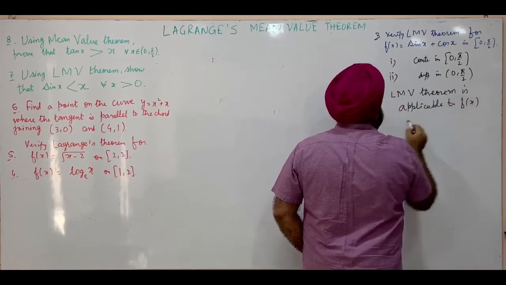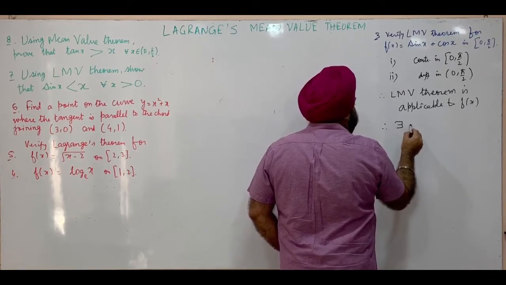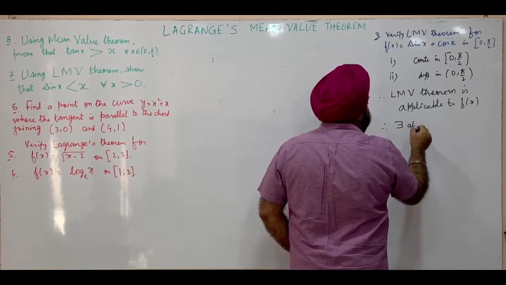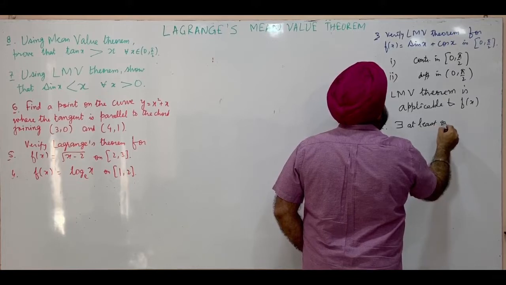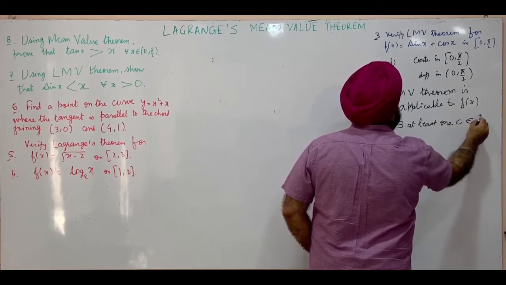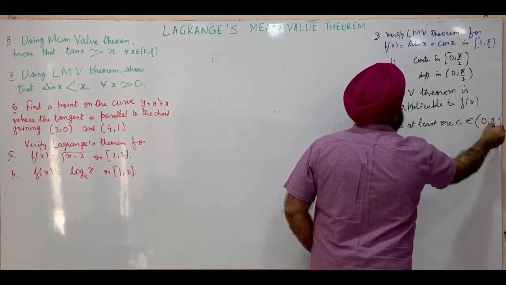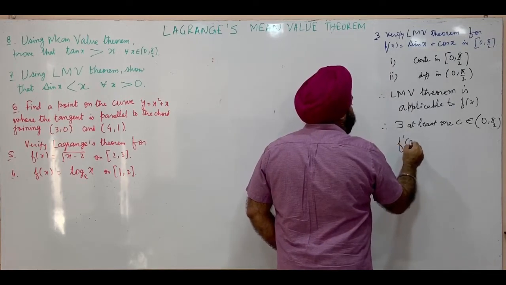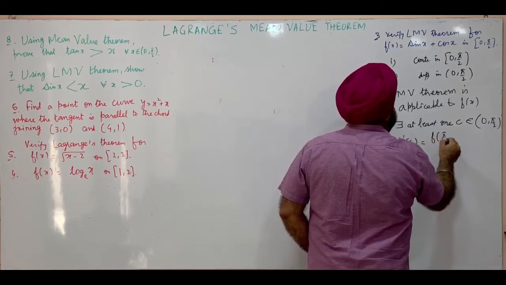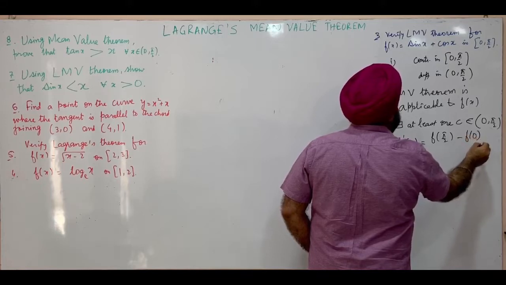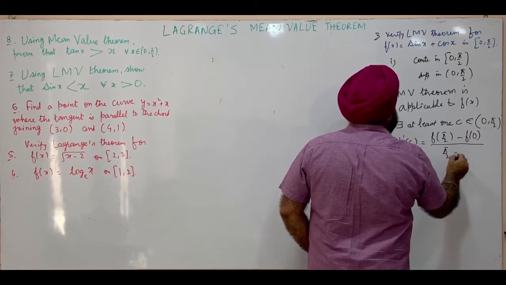And therefore, there exists at least one c which belongs to the open interval 0 to pi by 2, where f dash of c is equal to f of pi by 2 minus f of 0 upon pi by 2 minus 0.